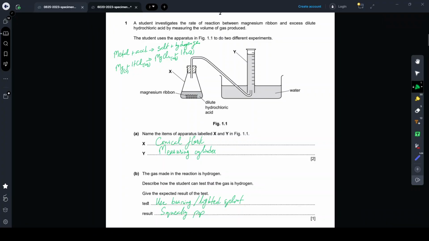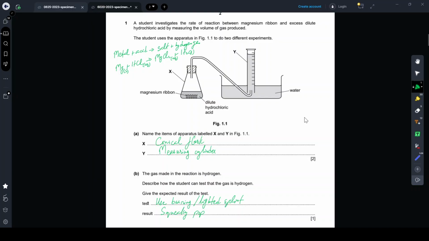This is what's happening. It investigates the rate of reaction between magnesium ribbon and excess dilute hydrochloric acid. Okay, fine. So the answer is over here. It's not isolated. If you're stuck, you go back and look at the previous part, see if you can get a hint, and you get not only a hint, but the answer as well.